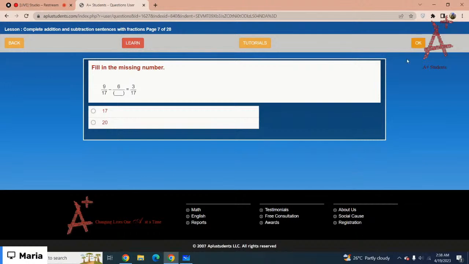Yes, that would be 17. Got it? When subtracting, they must have the same denominators. So it must be 17.